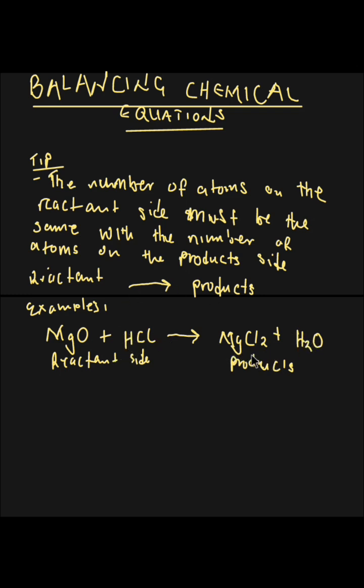You have hydrogen here, we must ensure that there is also hydrogen on the other side. There is chlorine here, we must ensure that on the product side there is chlorine. If for whatever reason there is a new element on the product side, then you must know that there's a problem with the chemical equation that you are looking at.